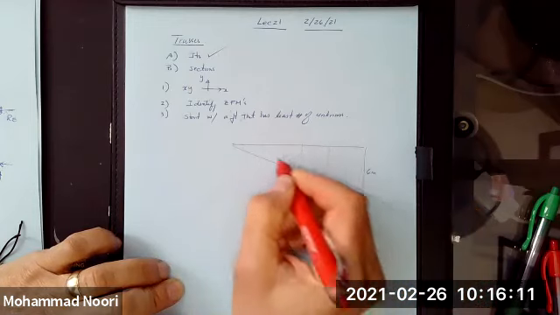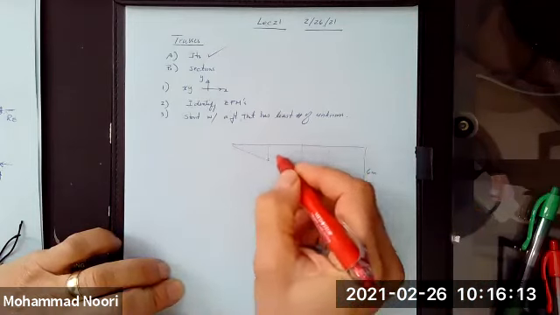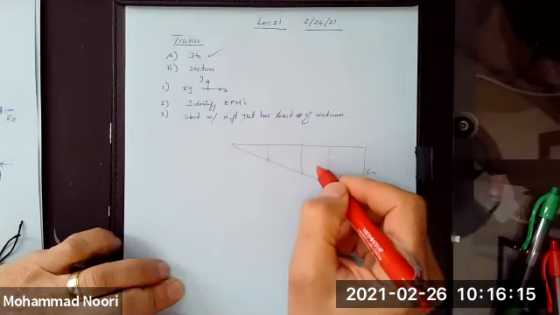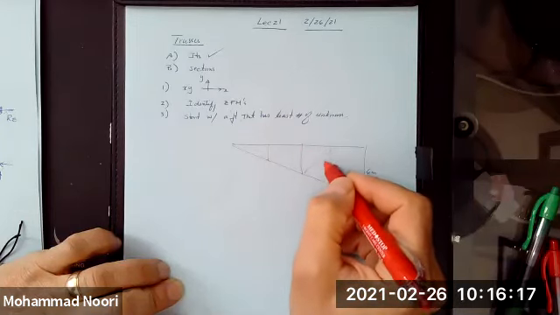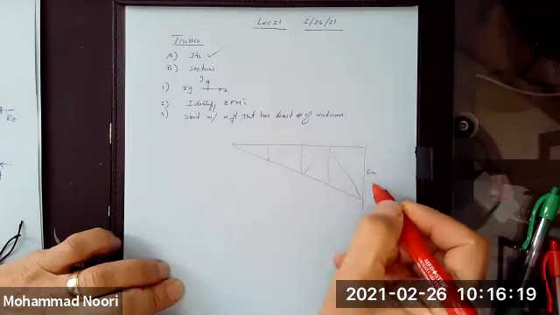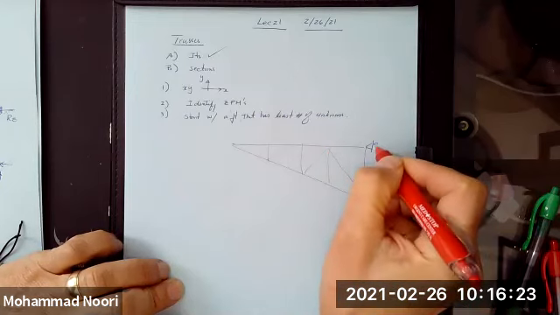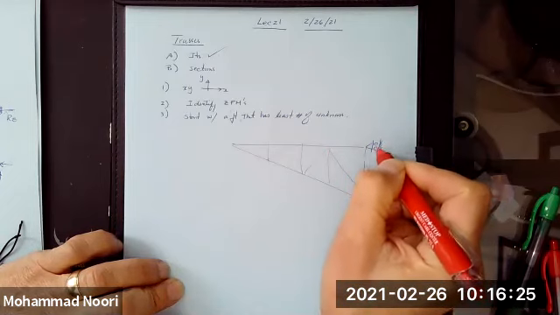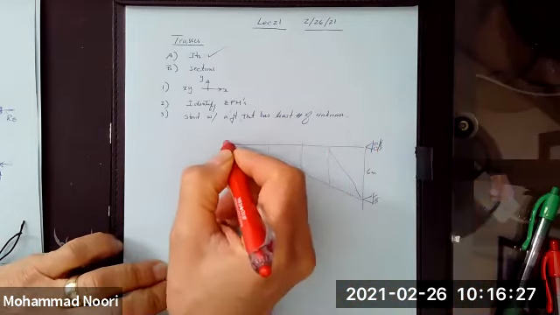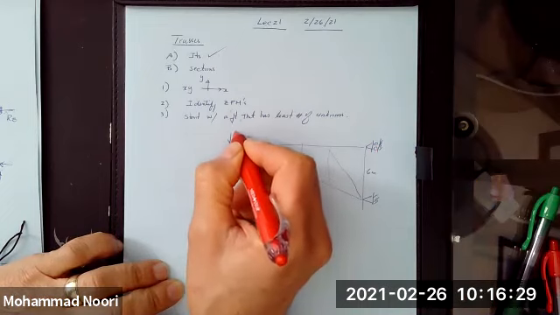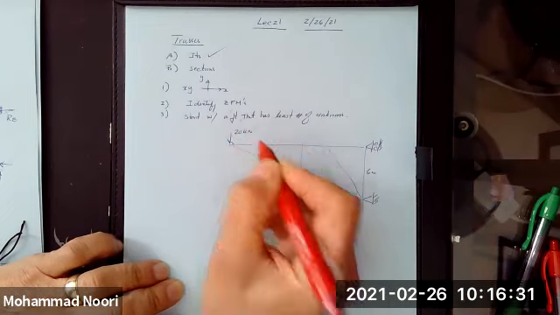So we had all these members that, as we solved the problem last time, let me label these. We had a force of 20 kilonewton.